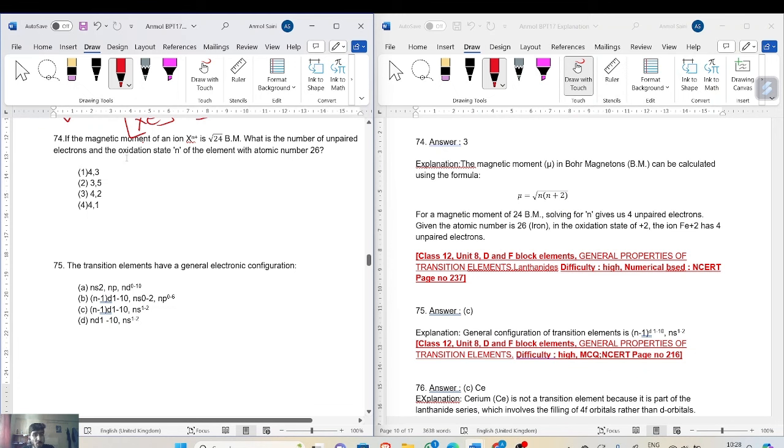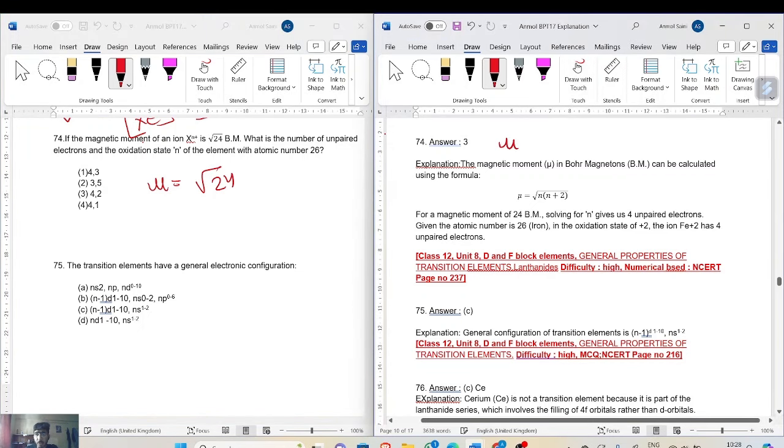If the magnetic moment of an ion X^n+ is root 24 Bohr magneton, what is the number of unpaired electrons and the oxidation state n of the element with atomic number 26? We are given the magnetic moment mu, root 24, and we know that mu equals root of n(n+2), where n is the number of unpaired electrons.